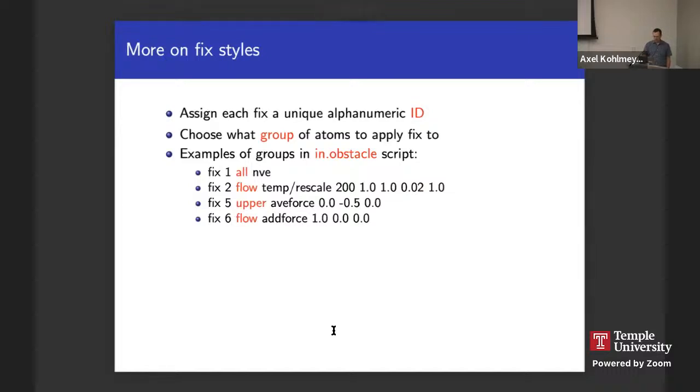So in the obstacle script that Axel just showed, here are some examples of the groups. All atoms are being time integrated, but only the flow atoms are being rescaled with the temperature rescaling. The upper part has one add force fix, and the lower part has another add force fix. Move the particles.